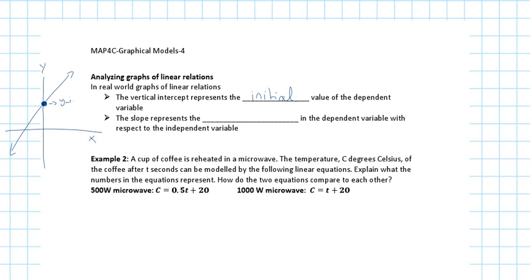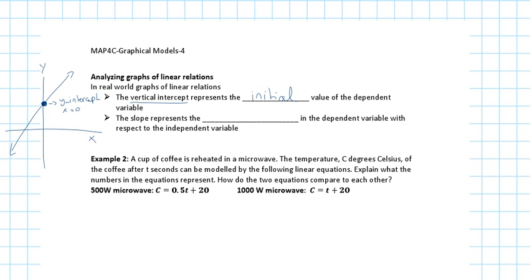The only reason they call it the vertical intercept is that it's not always called y. It could be called p, it could be called f, whatever. They can change the letter for the y. But the vertical intercept is the same thing as the y-intercept. It represents the initial value of the dependent variable. This is my starting point, when x equals 0, at time 0.